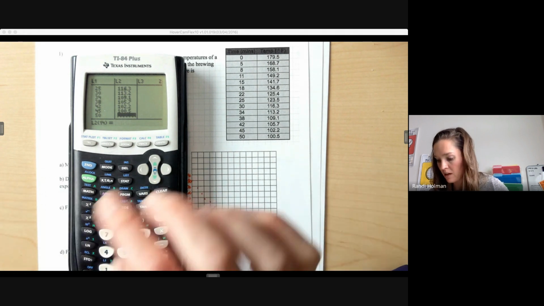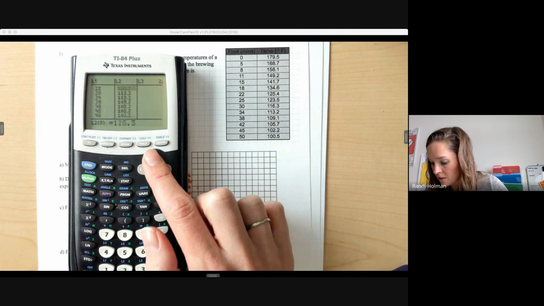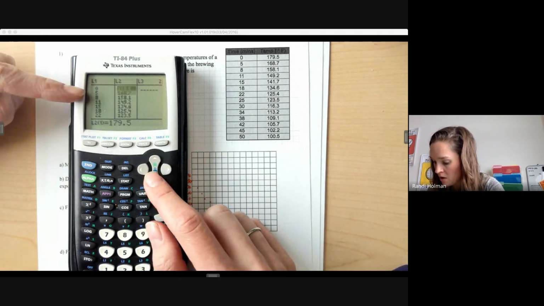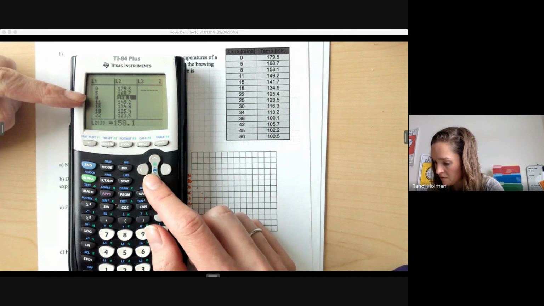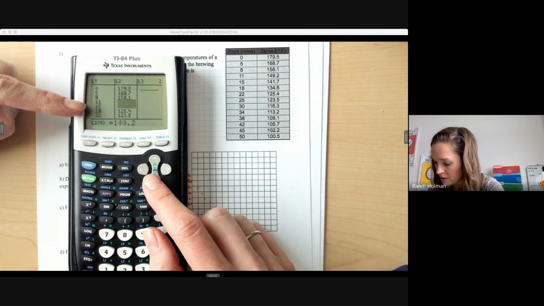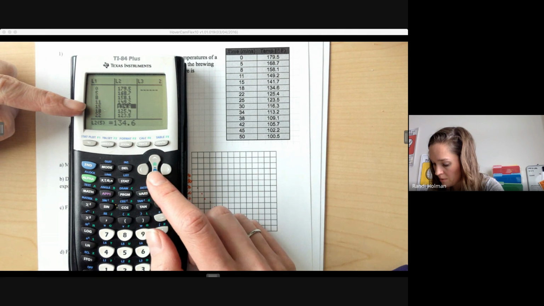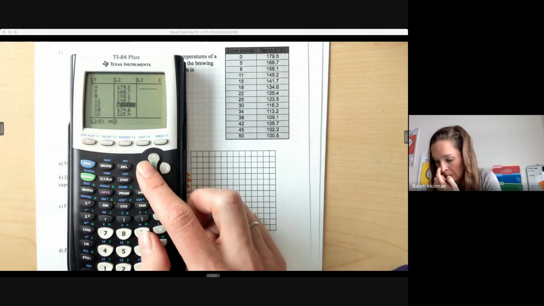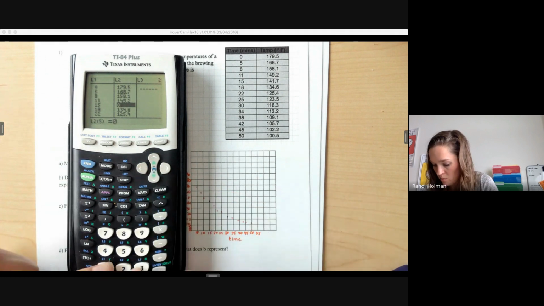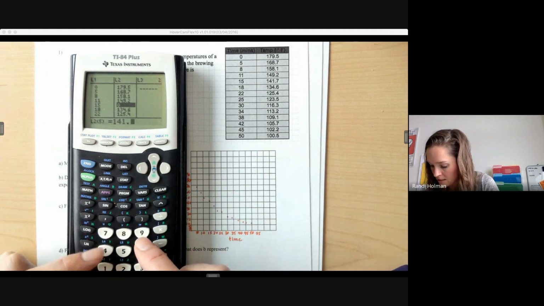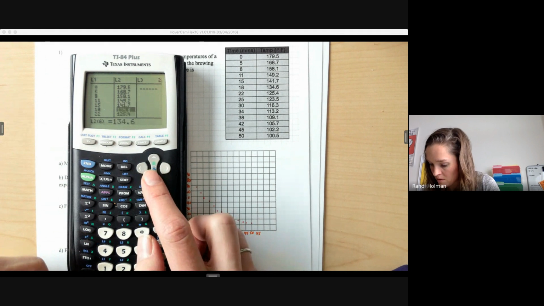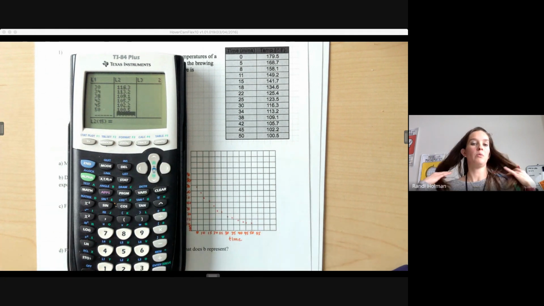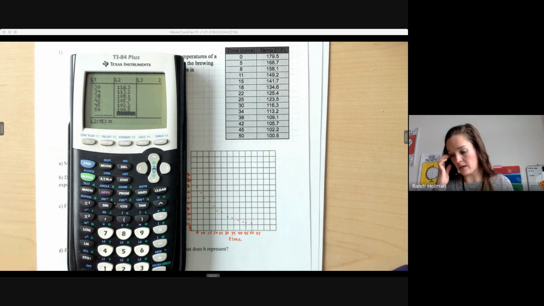And then you realize you missed one. That's not great. Let's go back and check and make sure they line up. So 0, 179.5, 168.7, 158.1, 149.2, 141.7, and then hopefully we line up all the way down. Perfect. Okay, so you want to make sure all your points line up. It's a good thing to check to make sure they go together.